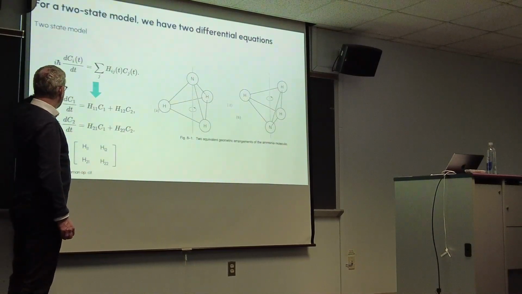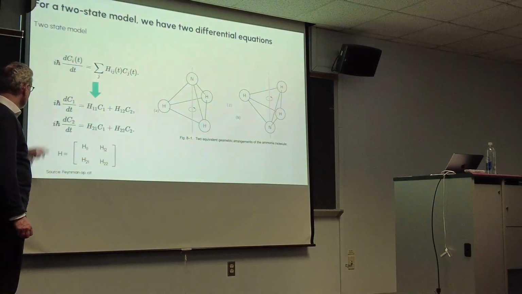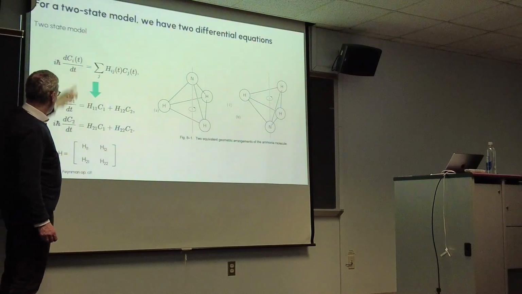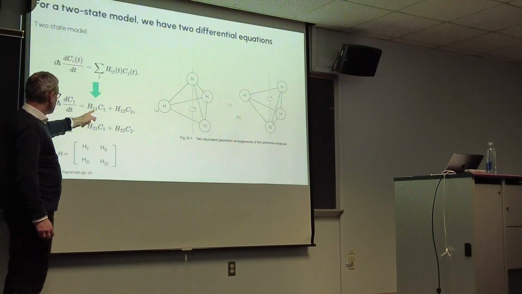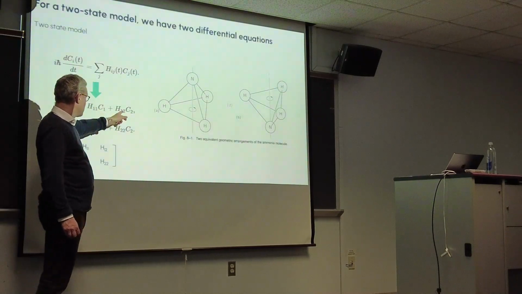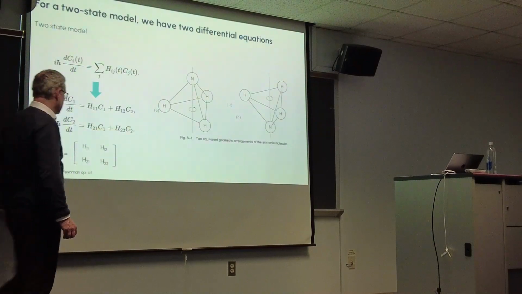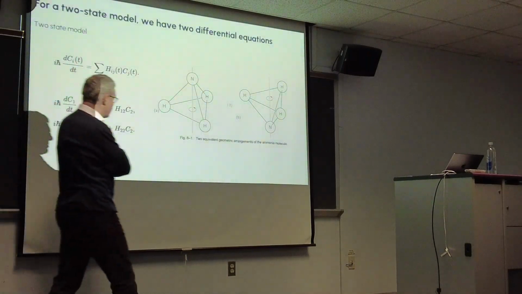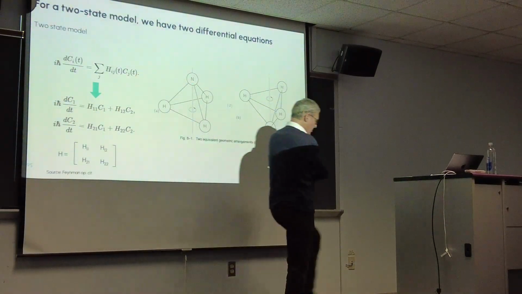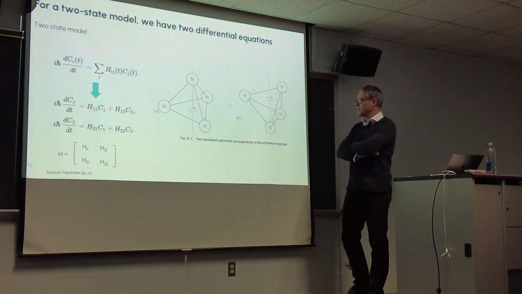Now if we plug in the 1s and 2s for the i's and j's, we get 2 differential equations. I can be 1 or 2, so we get these 2 left-hand sides of the equation, and then we get H11 times C1 plus H12 times C2, or H21 times C1 plus H22 times C2. So these are the 2 differential equations we obtain to describe the energy state of these 2 states of the ammonia molecule.